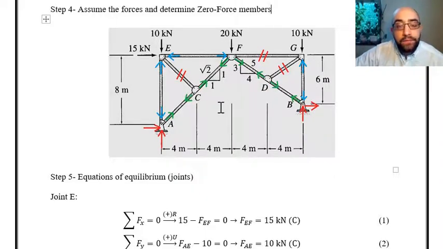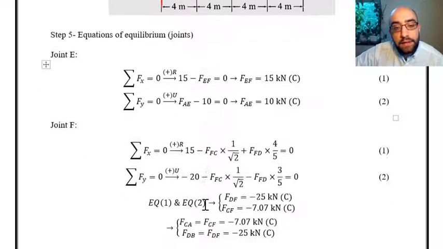DE and DG, we found these as the zero force members. So the force in the member CA is exactly the same as CF, and the force in member DB is equal to the force for member DF to have the equilibrium in joints C and D.